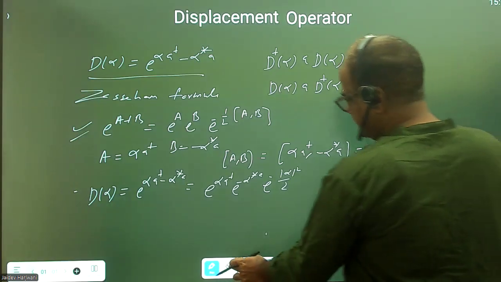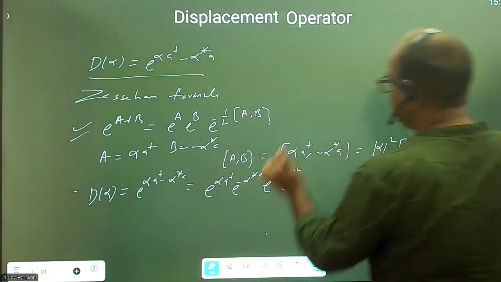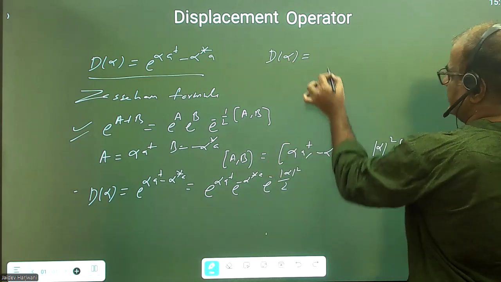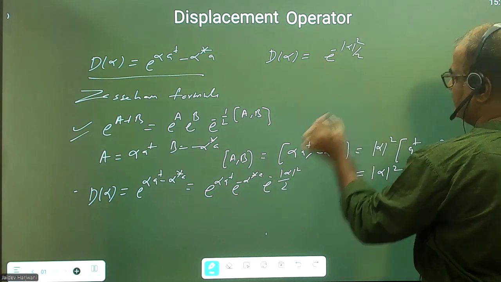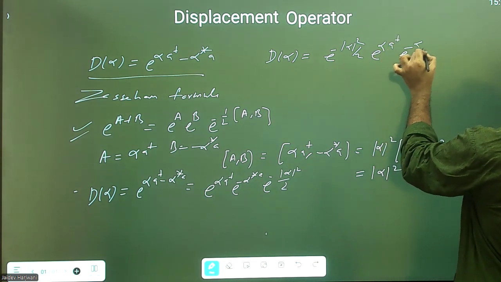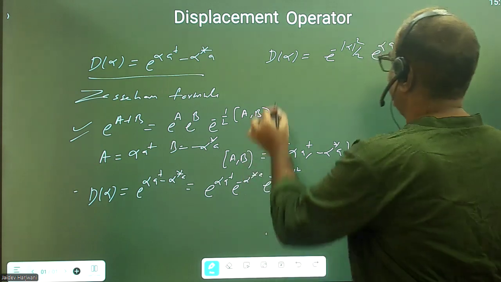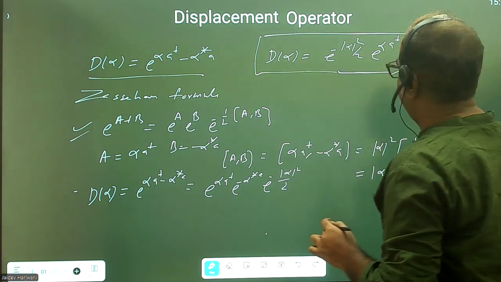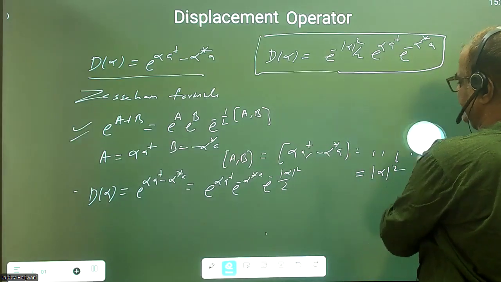So this is another way of writing your displacement operator D alpha: E power minus alpha mod square by 2, and then you have E alpha A dagger E minus alpha star A. So this is another form of writing the displacement operator.